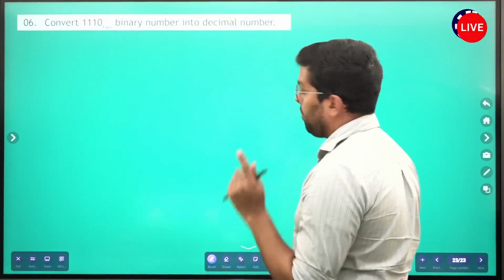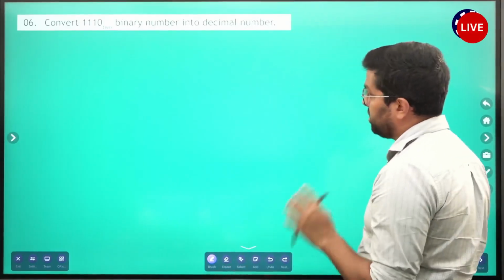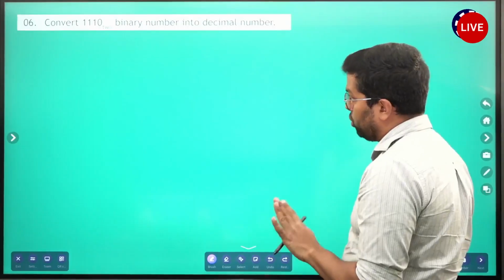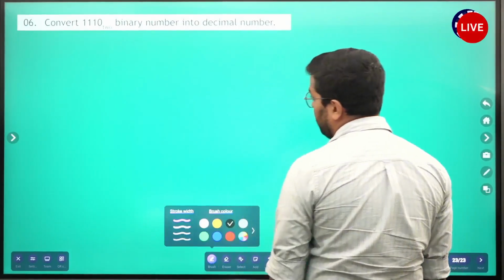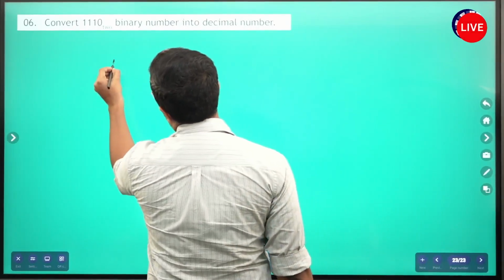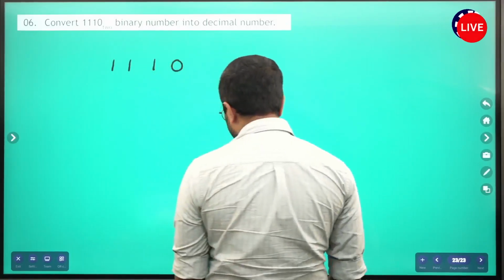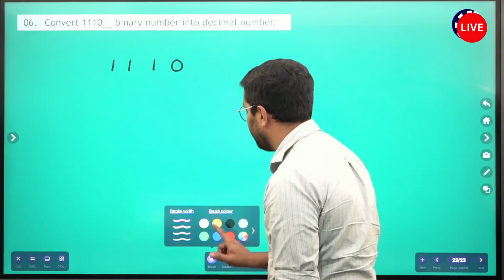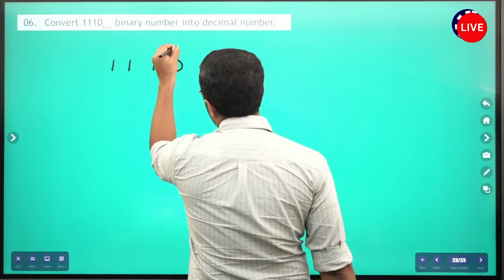Convert the binary number 1110 to base 10, as a decimal number. So binary numbers are constructed with powers of 2. Can you remember? This number 0 is actually not 0.